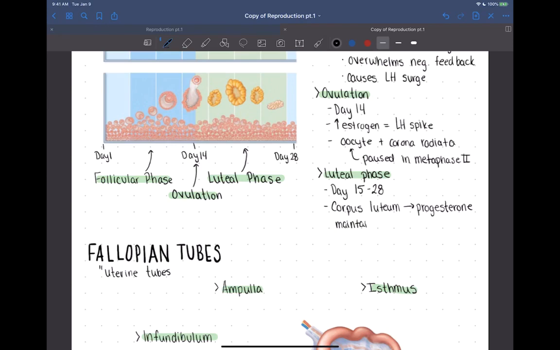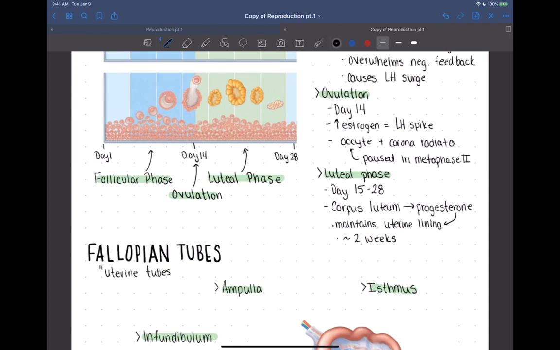All right, that's our progesterone, and that will be for about 2 weeks, day 15 to day 28. So that corpus luteum makes progesterone for about 2 weeks.